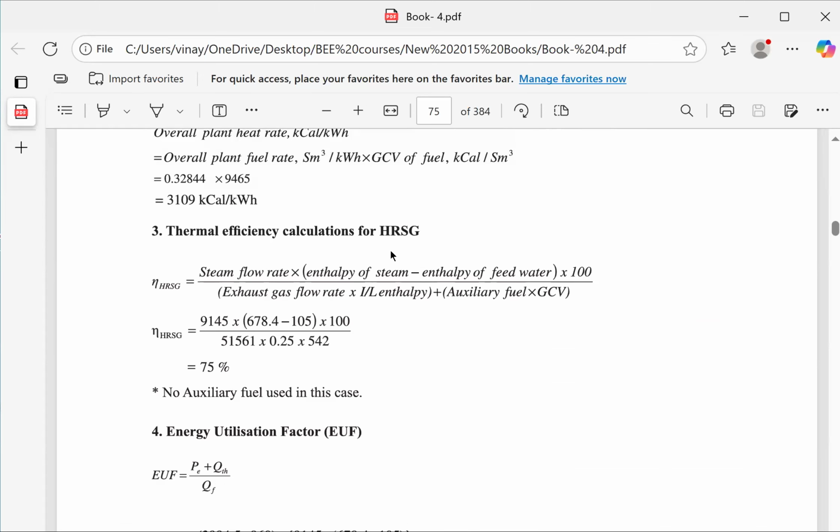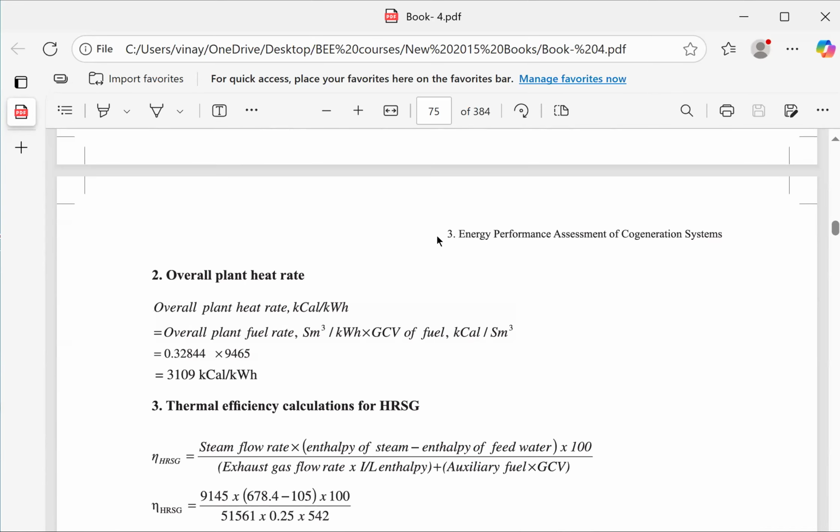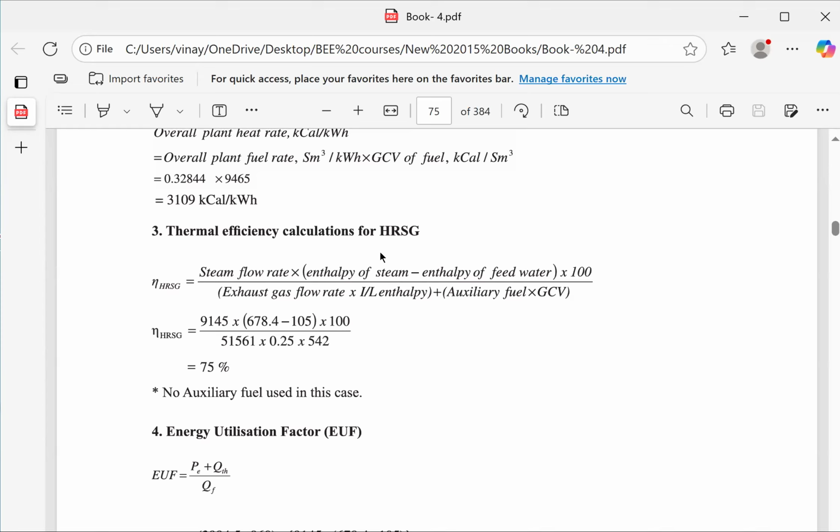Whereas here, the name is slightly different: Heat Recovery Steam Generator, HRSG. Instead of boiler, they have said steam generator. The meaning is the same; the only difference is in the nomenclature.